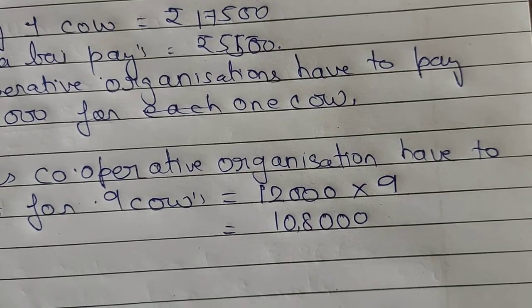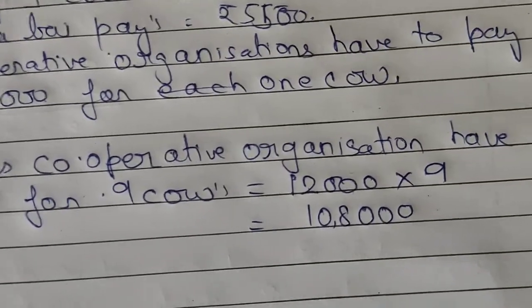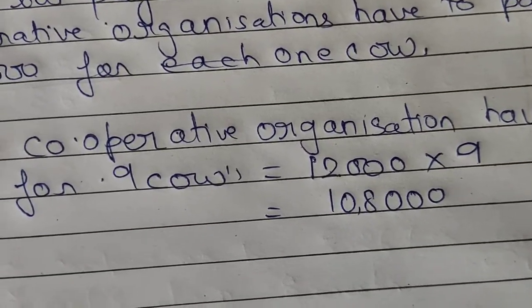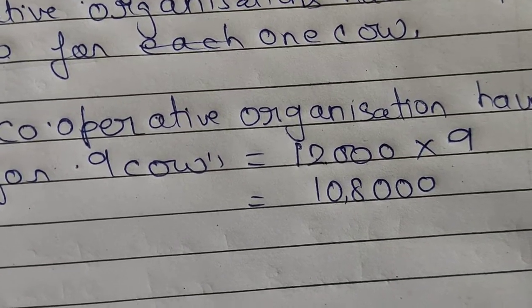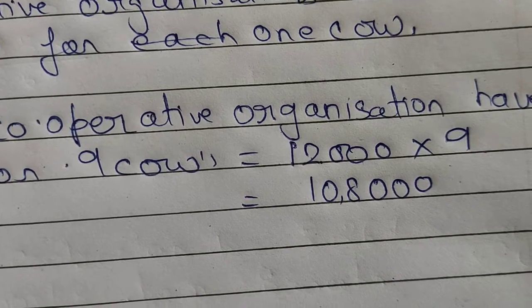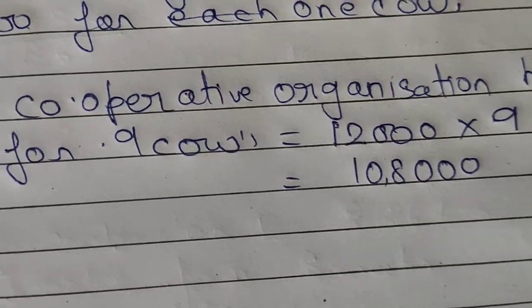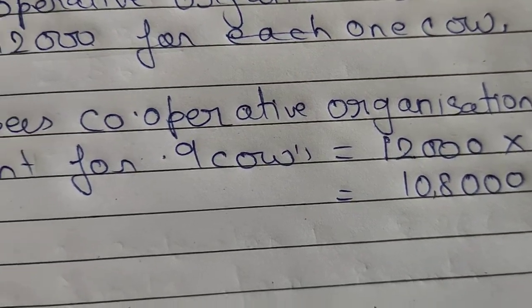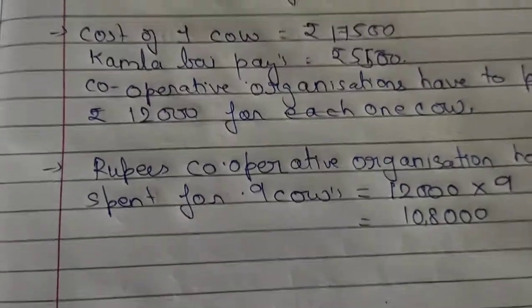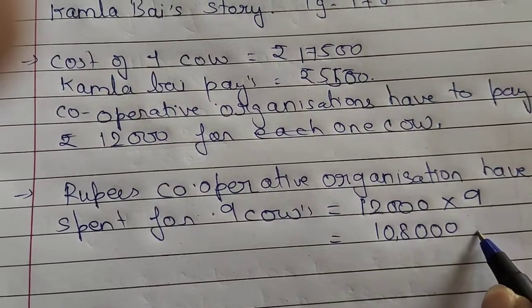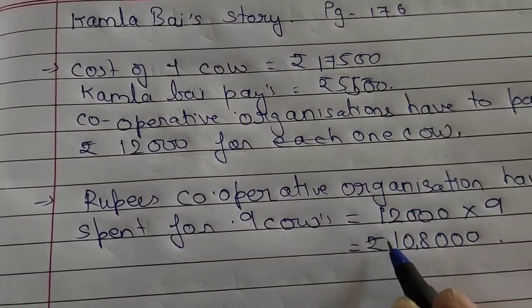We'll get 1,08,000. One lakh 8,000 the cooperative organization has to spend in all. Okay, now we got 1,08,000 they are supposed to spend on 9 cows.